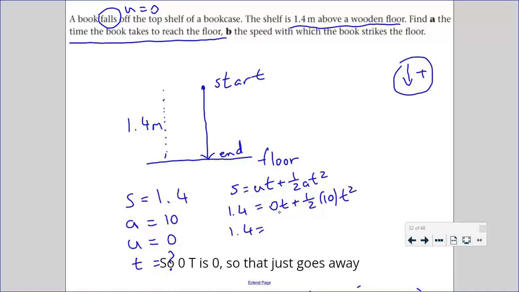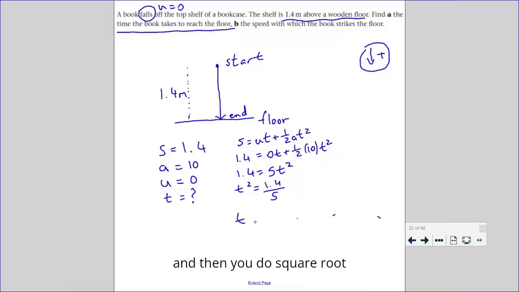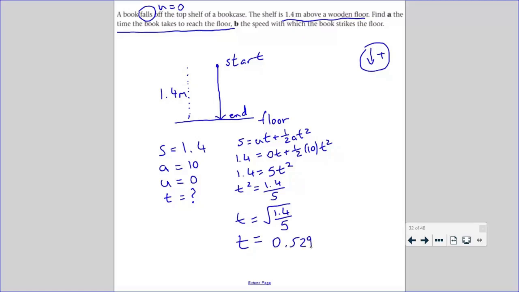So 0 times T is 0, so that goes away, and half times 10 is 5. So T squared is equal to 1.4 over 5, and then you take the square root. That should give you 0.529.